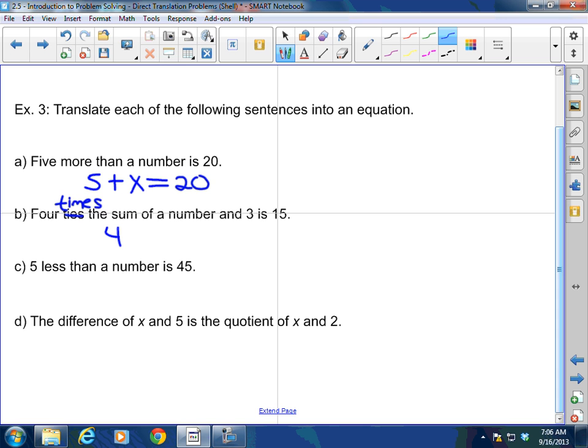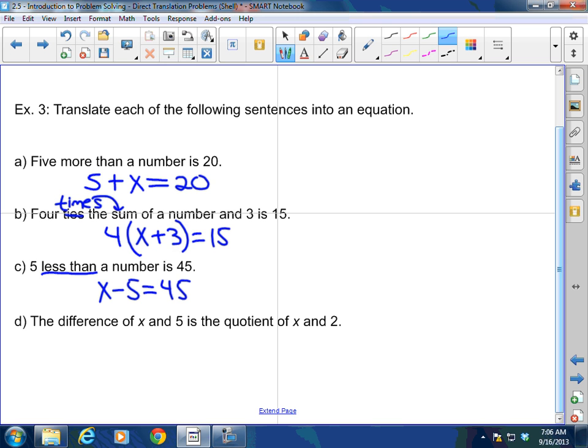So 4 times, remember you're multiplying something by a sum, so you have to encapsulate it in parentheses. 4 times the sum of a number, x, and 3 is 15. 5 less than a number is 45. Less than, switch. So x minus 5 equals 45.